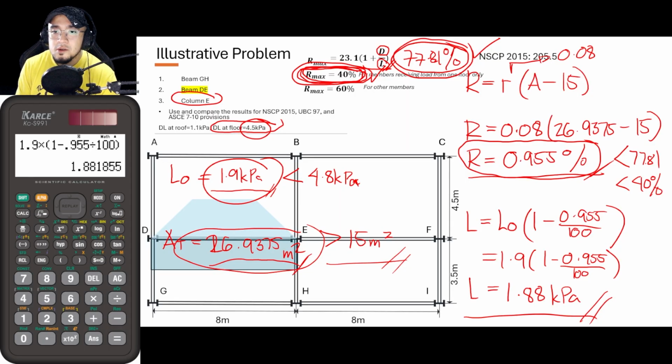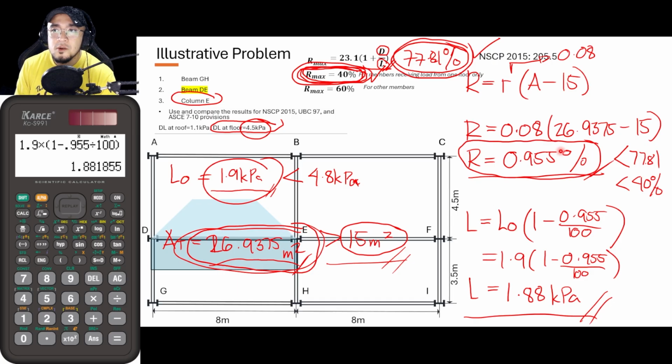If you are wondering, the area is 26.9375, which is far from 15 square meters, but why is the reduction only 1.88? So, disclaimer, there is no mistake in the solution. All of these are correct, and once again, I want to emphasize that this is really 0.955%.